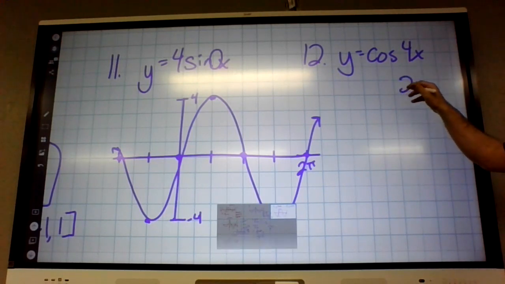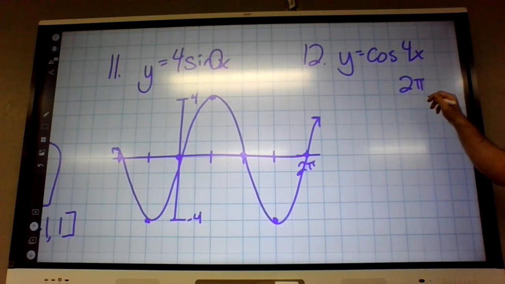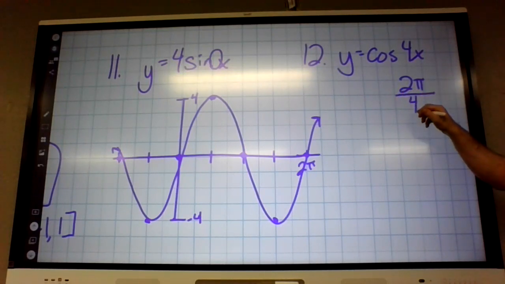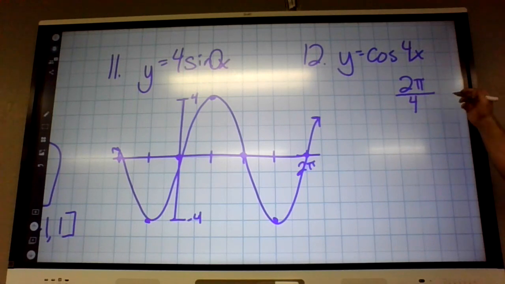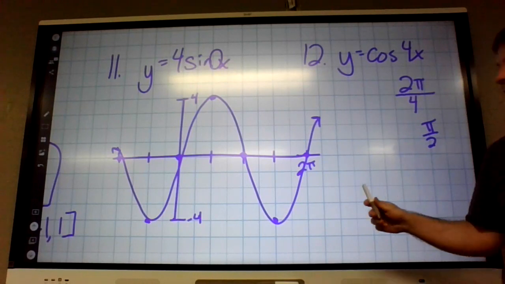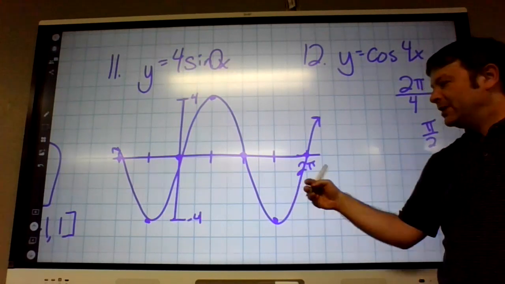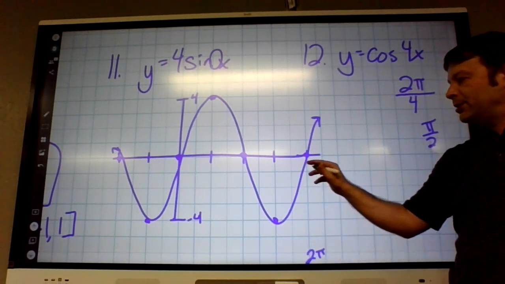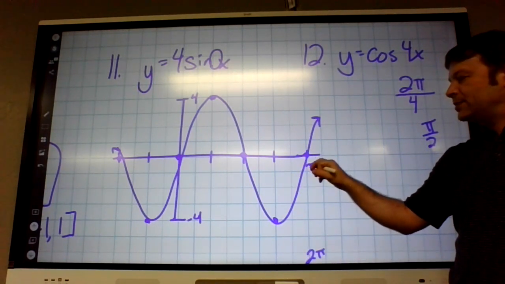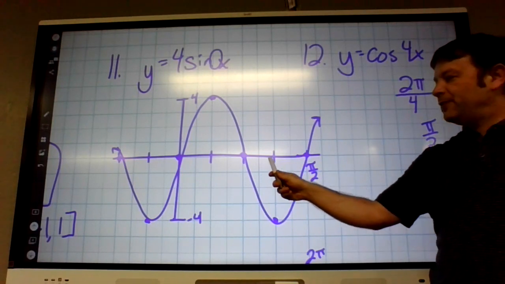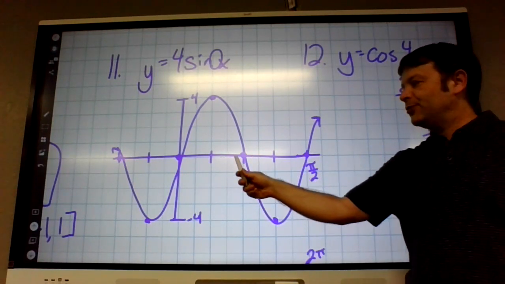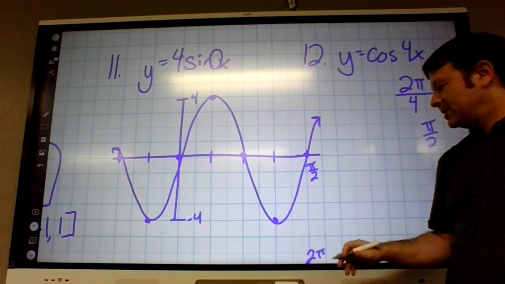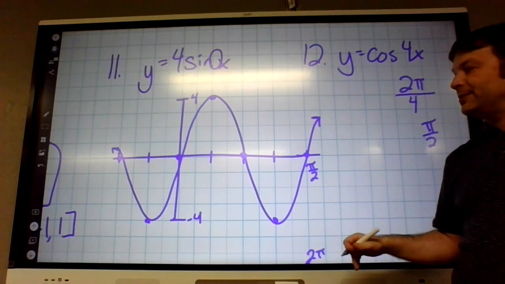So the period, instead of being 2 pi, is going to be what? 2 pi divided by 4, half a pi, or the way we wrote it yesterday, pi over 2. So you don't really need to change your graph, except for instead of putting 2 pi on your period mark, you would need to put pi over 2 right here. I'm not going to make you figure out what all these are. This would be like pi over 4, pi over 8. Anyways, you can just put pi over 2 right there, it's fine.